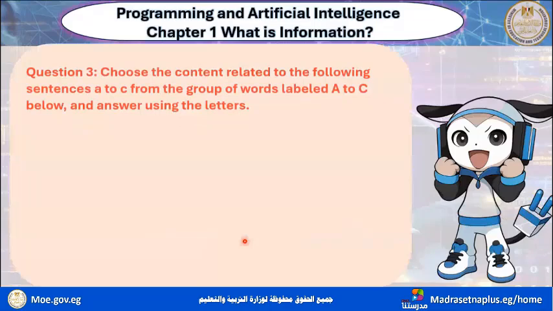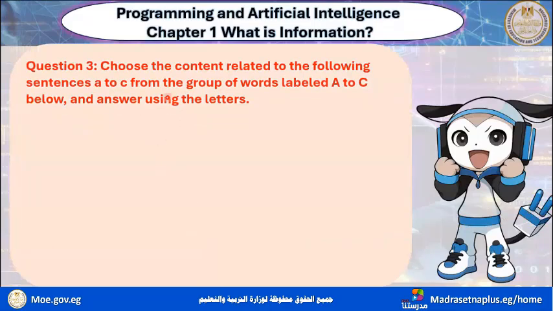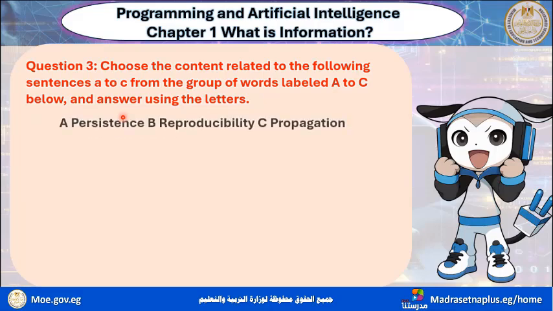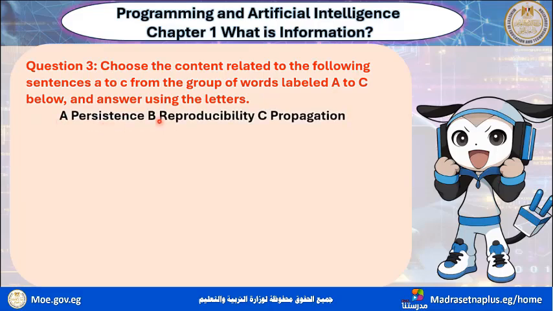Question after that. Choose the content related to the following sentences A to C from the group of words labeled A to C below and answer using the letters. So we're going to choose from these: A, persistence, B, reproducibility, and C, propagation.